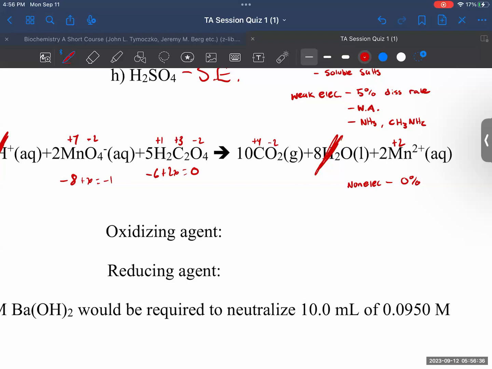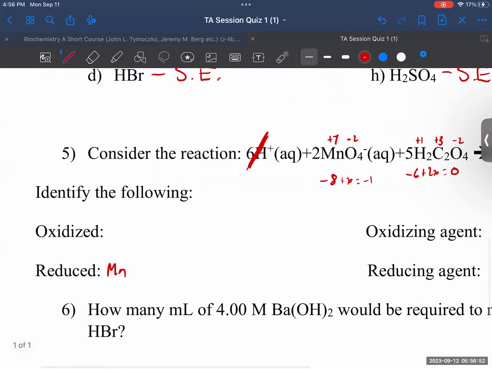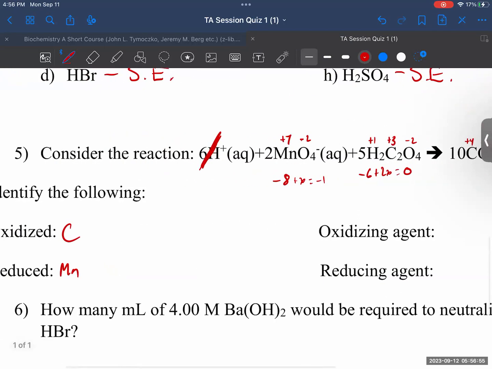So if it's going to a higher oxidation number, so from +3 to +4, then you'd say that it's getting more positive, AKA losing more electrons. So if it goes from +3 to +4, we say that the carbon lost electrons and is getting oxidized. So oxidized element, carbon, reduced manganese.